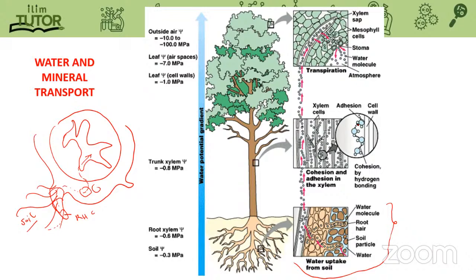Now, the next thing that happens is that the water travels up the stem through the xylem vessels.